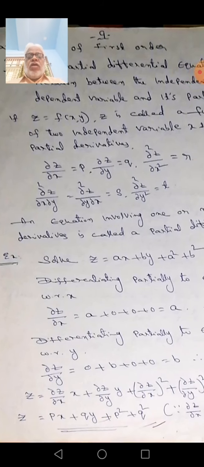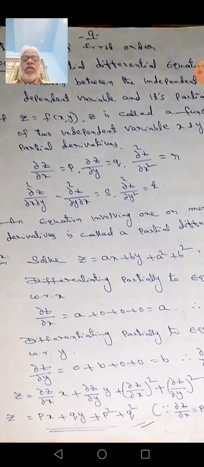Differentiating partially with respect to x, what do we get? Dou z by dou x is equal to a plus by is 0, a square is 0 and b square is 0. Finally we got a. So dou z by dou x is equal to a only.